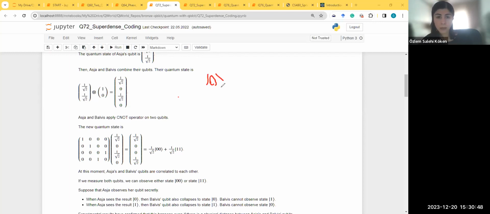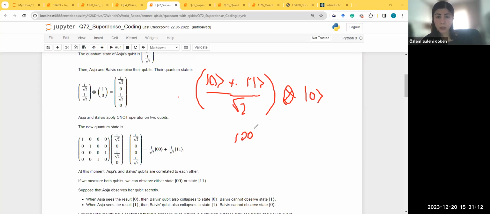Initially, this is what you have as the first qubit. And this is what we have for the second qubit. And if you combine this, this is what you have: 0, 0 plus 1, 0 over square root 2.